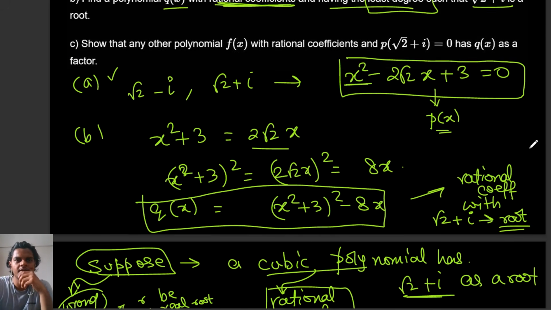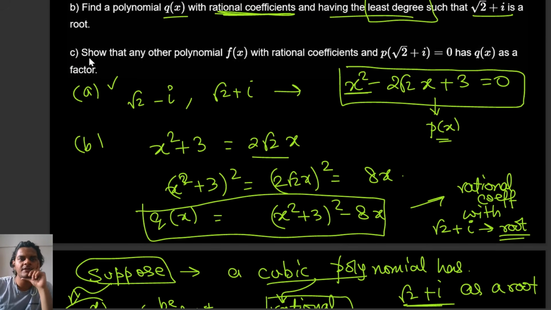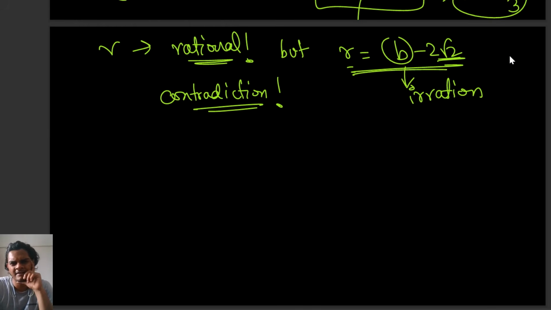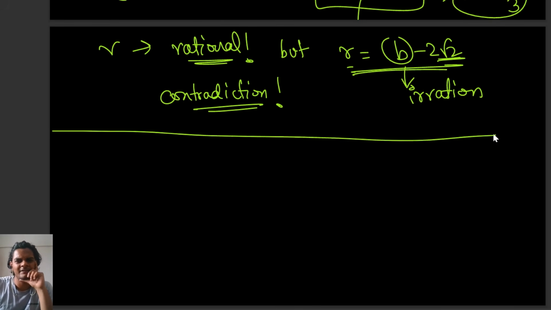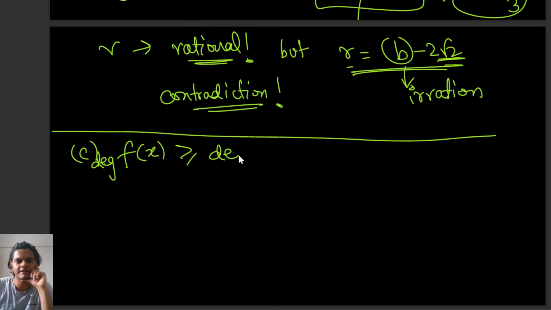Now there is a C part. Show that any other polynomial f of x with rational coefficients, and this has q as its factor, obviously. So I mean that's easy to see actually. Let's say the degree of f of x has to be greater than or equal to degree of q, right?